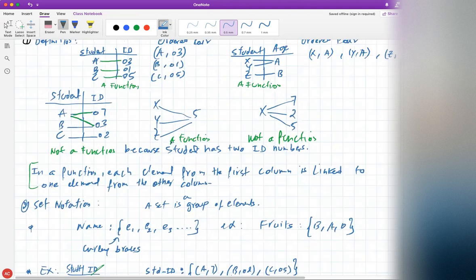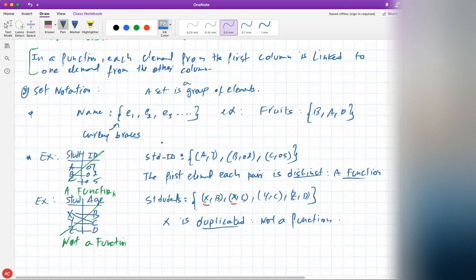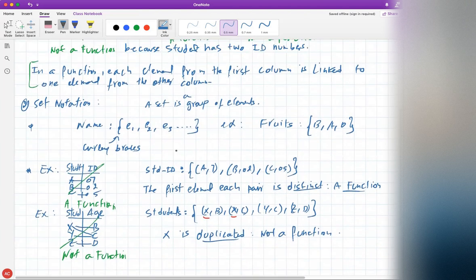We can tell either by looking at the table and seeing the links between the elements, or from the set notation. Set notation, remember: name, colon, curly braces.